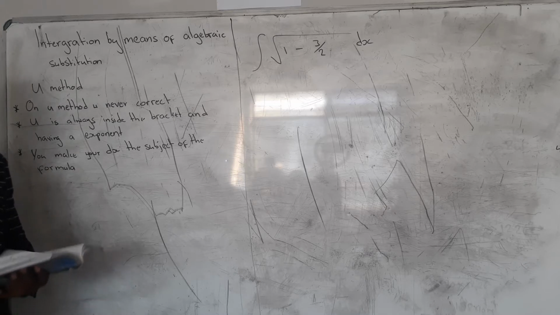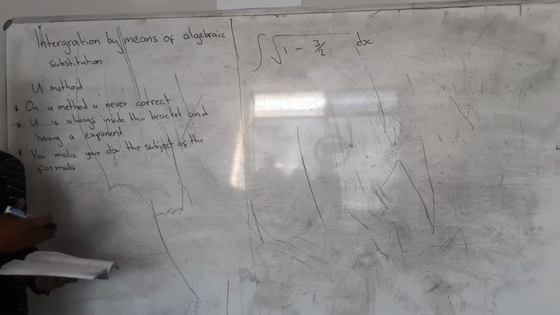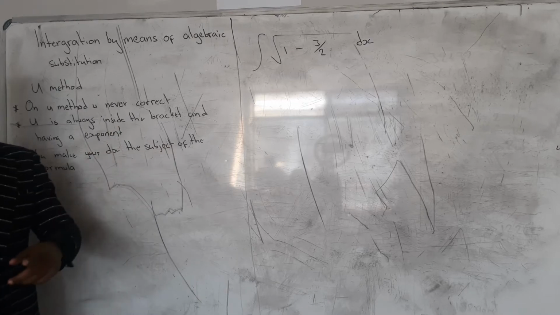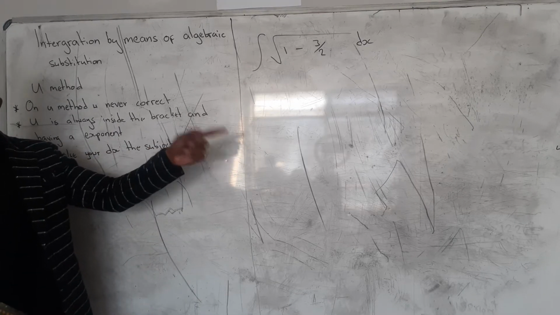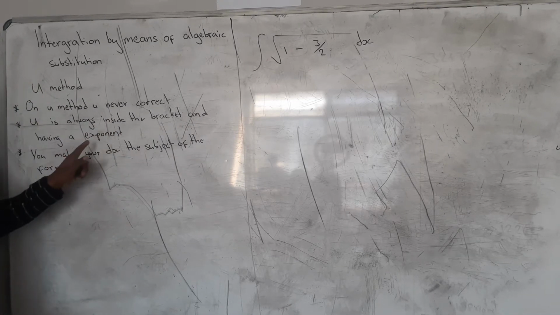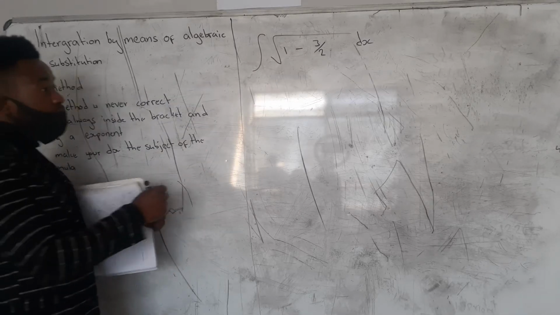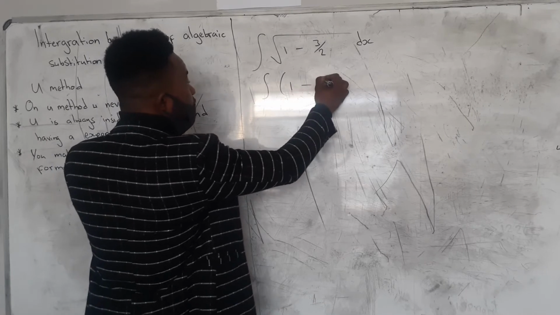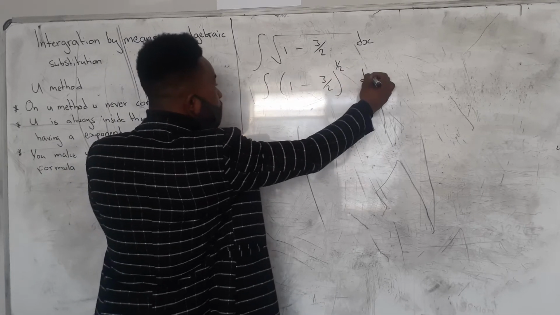So the first thing, now you have to select your U. Since I call this the U method, I have to select my U. On the previous one we were selecting f at x, but on this one I have to find my U. And how do I get my U? I said your U is always inside the bracket and having an exponent. This is the same as the integral of 1 minus 3 over 2 to the power 1 over 2 dx.